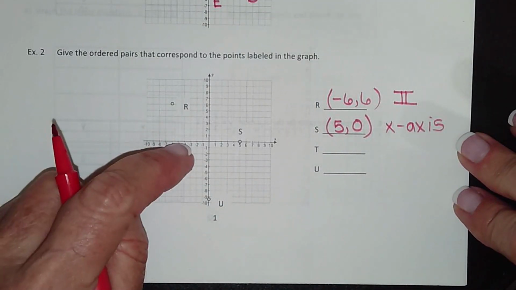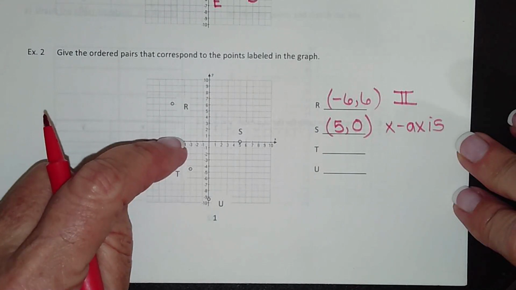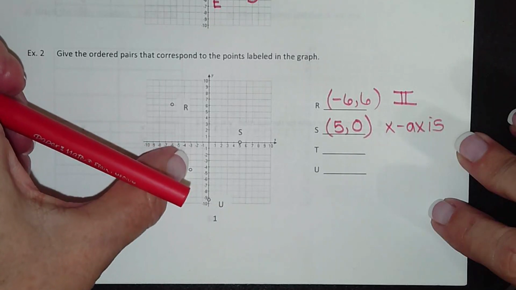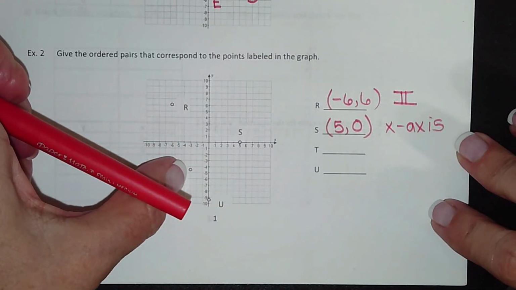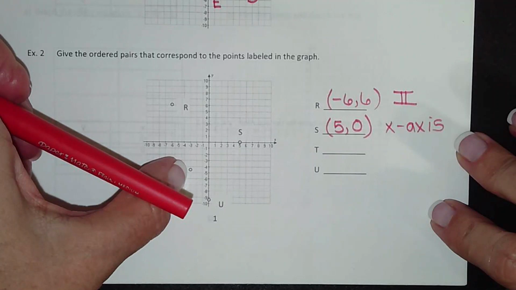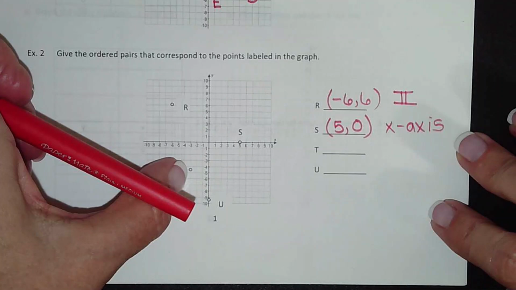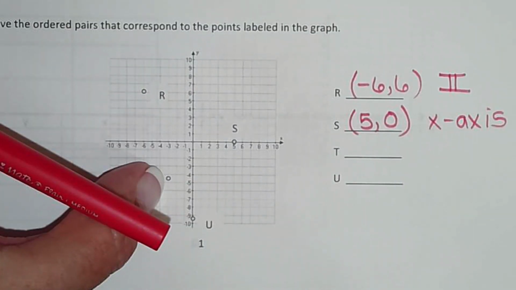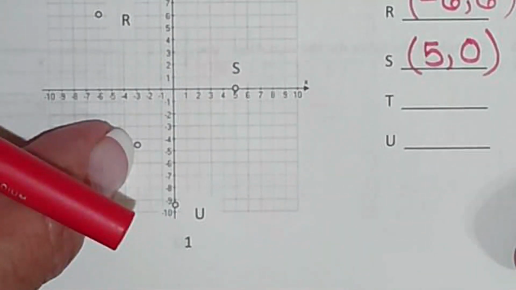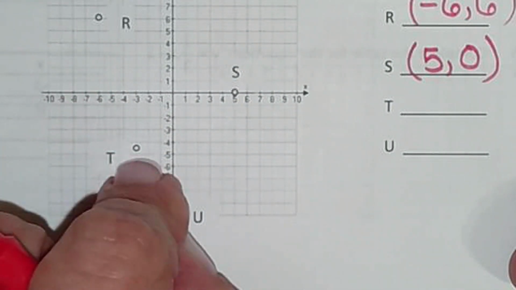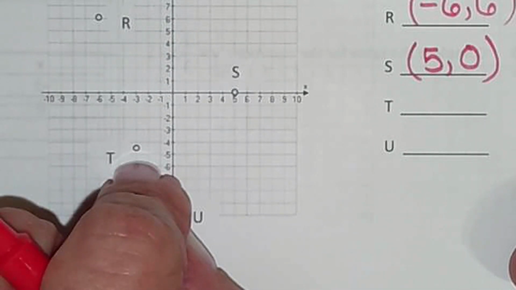T would be -3 on the x. And then we go down to, that's about a half. It could be a third, but we'll just say a half for our purposes. I guess I could make it bigger and look closer. So -3, yeah, I think -4.5 would be good for that.